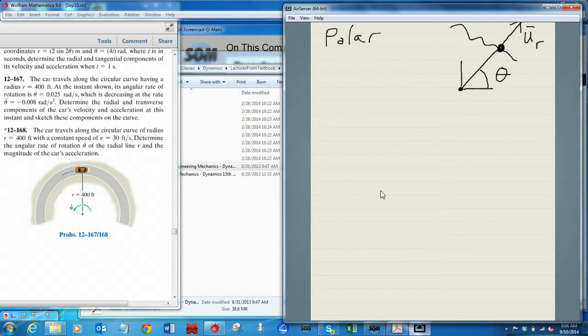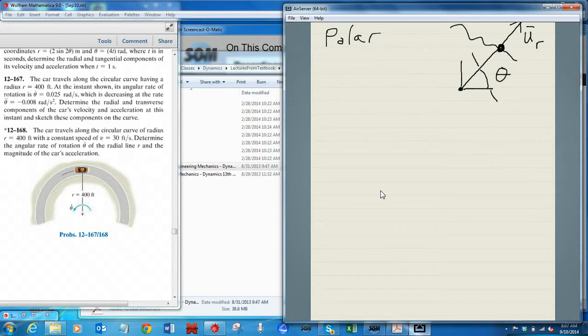Well, it looks to me like it's positive. It goes counterclockwise, right? Because it's being measured from here up to here. So that's a positive angle theta. It goes from X all the way around. Counterclockwise is the positive direction. You rotate 90 degrees, positive direction.